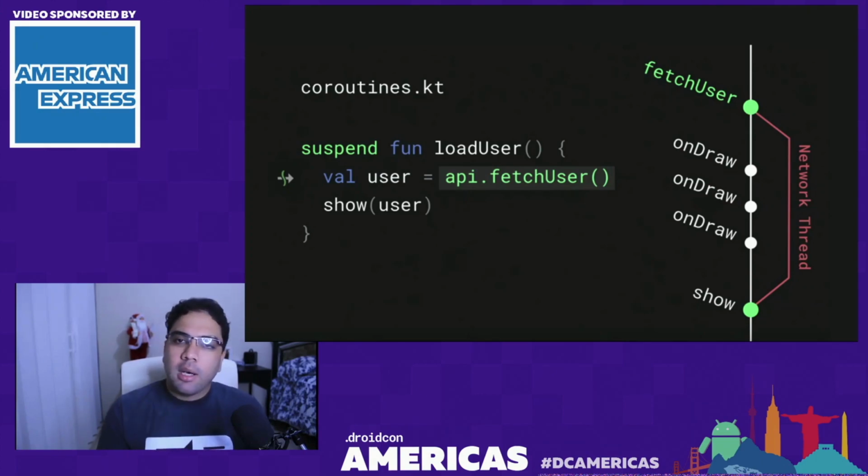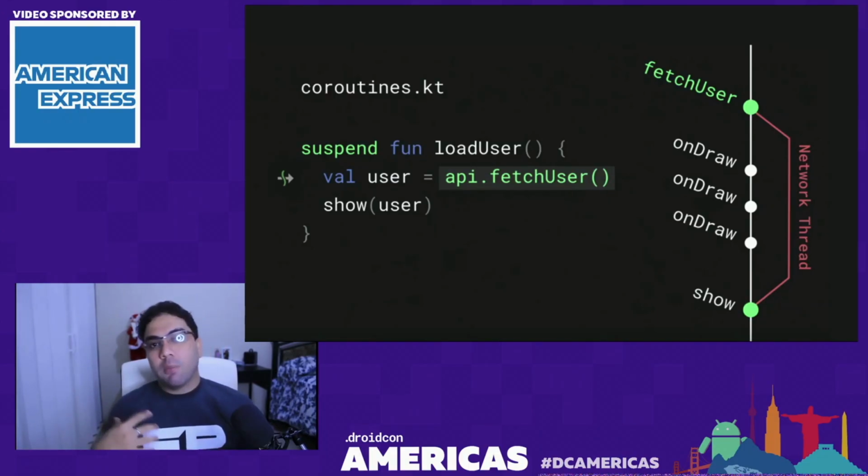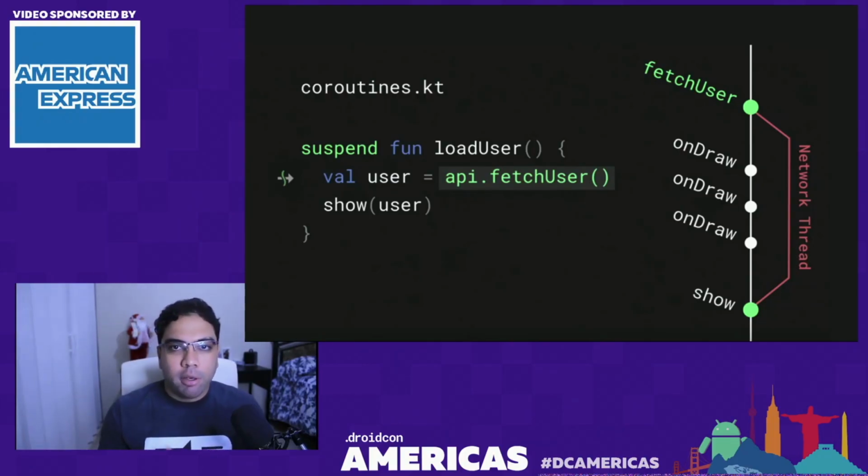When we call that fetch user function, it takes this work out to a separate coroutine, which is similar to a thread but a lightweight version of it, and the UI thread continues its work drawing all the views. So it's not blocking our UI thread from showing, for example, our loading indicator or drawing our views, our text views, our data.